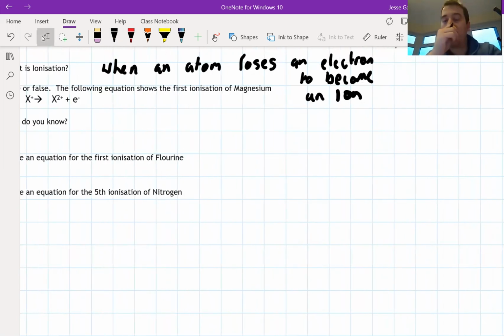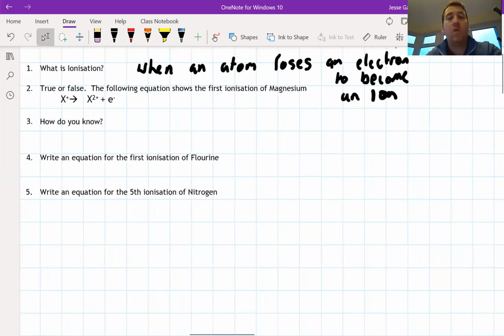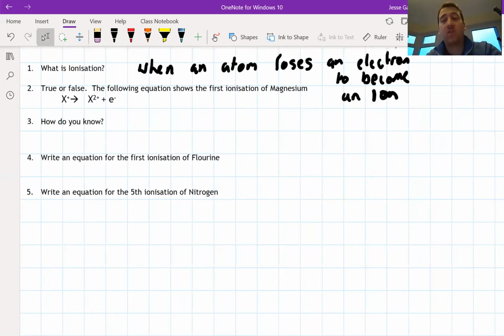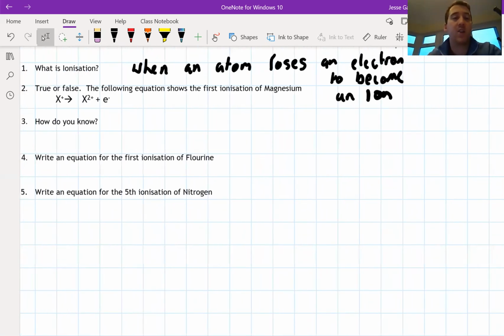Okay, so when an atom loses an electron to become an ion, that is ionization. Or when a monopositive ion loses an electron to become a dipositive ion, that could also be a definition. Depends what you're starting with. When an atom loses an electron to become an ion, we say ionization has happened.